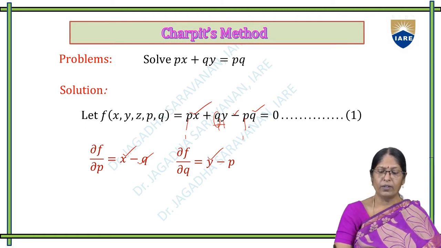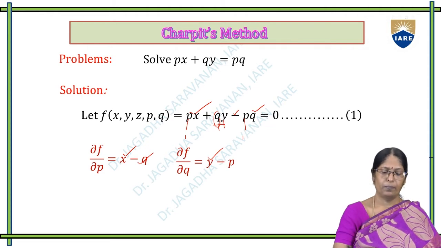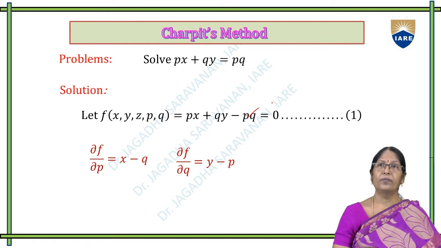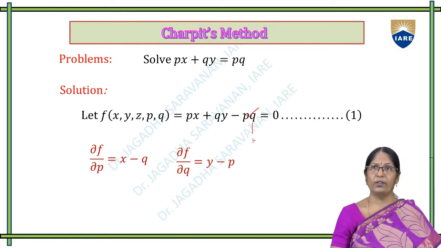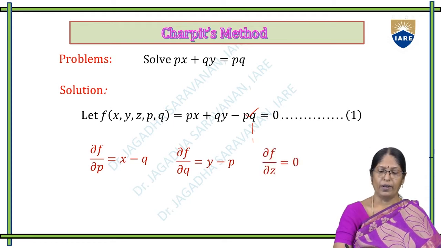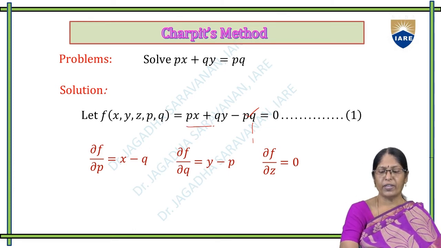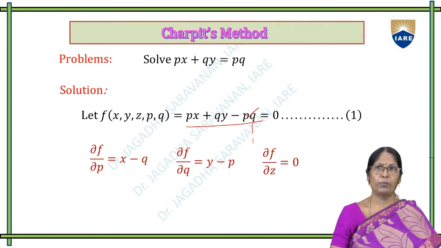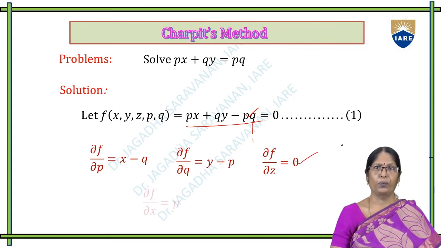Here in pq, the derivative with respect to q is 1, so p into 1, p, with the minus sign. So ∂f/∂q = y − p. Next, ∂f/∂z: in our given equation there is no z variable at all, so the result is 0.